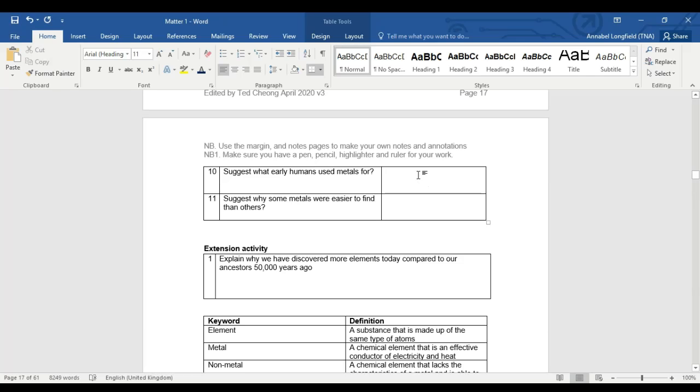Early humans used metal to make tools, and some metals were easier to find than others because some were not combined with rock in ores, so they were just separate things that you could find and you didn't have to extract them.